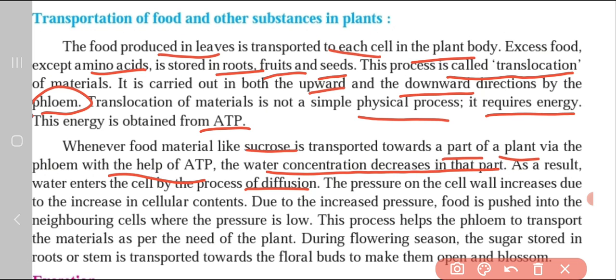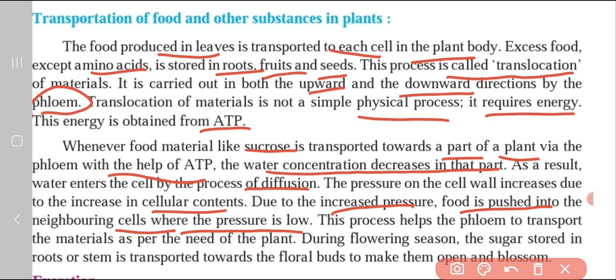The pressure on the cell wall increases due to increase in cellular contents. Due to the increased pressure, the food is pushed into the neighboring cells where the pressure is low. So where pressure becomes low, the food materials are pushed forward into other cells, and this is how food transportation takes place.